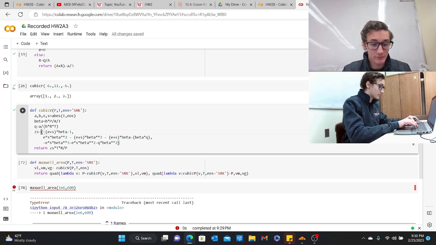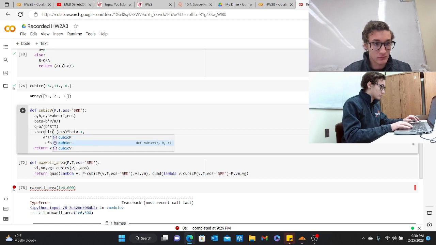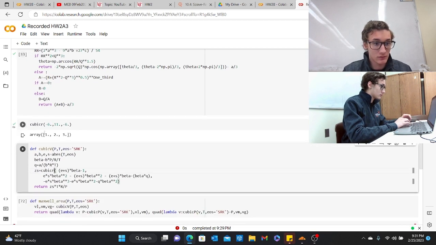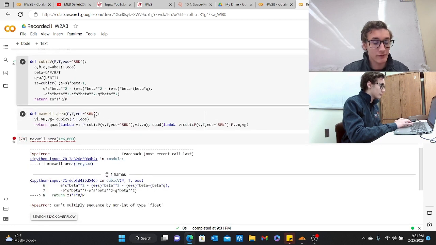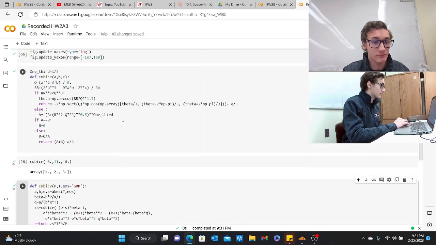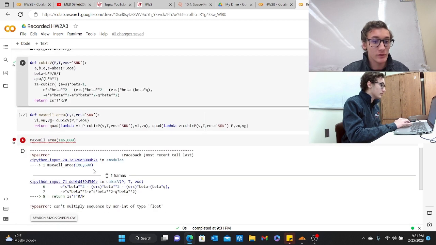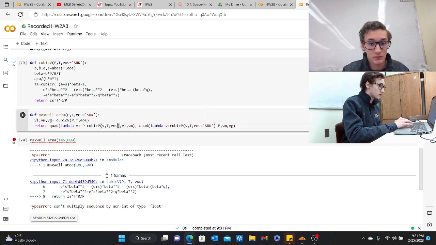So, cubic, R. And looking back at it, these shouldn't have SRK because the function we're already using already chooses the type, and we only need it here because we need to choose whatever the type is, but this is already pulling from something that's chosen its type. If that makes sense.